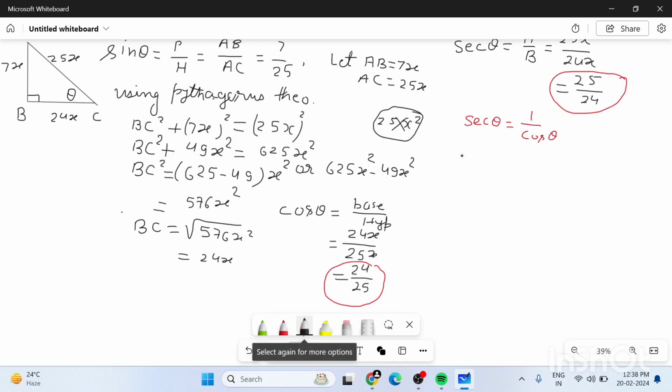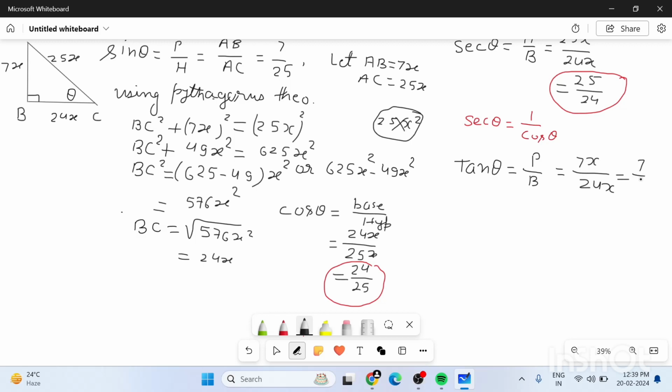So here, going back to our third ratio, that is tan theta. We know tan theta is perpendicular to base. In this question, perpendicular is 7x and base is 24x. X will again cancel.